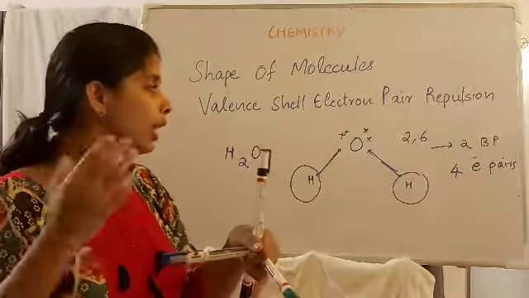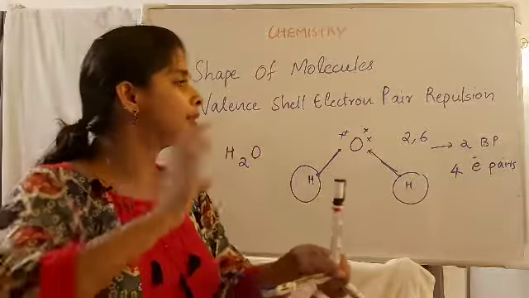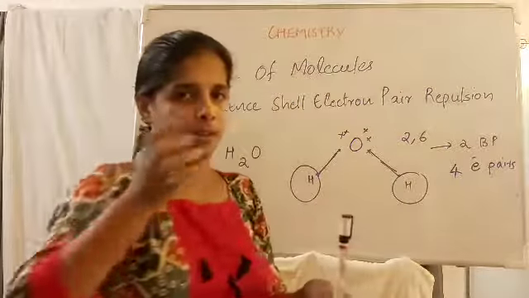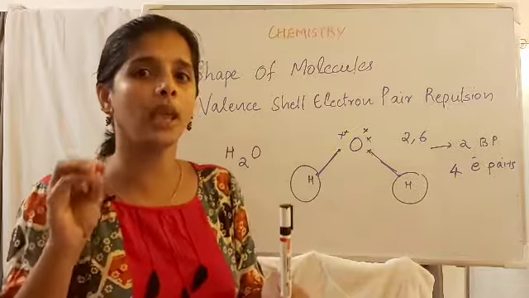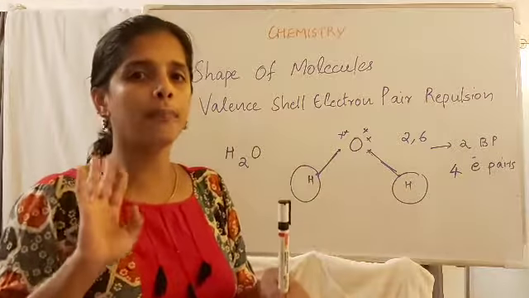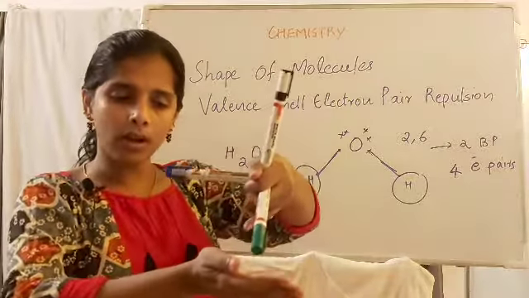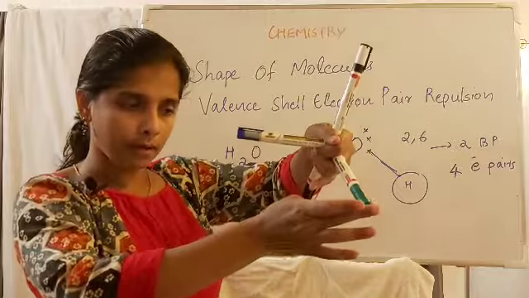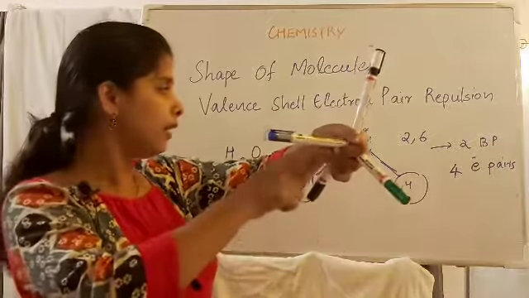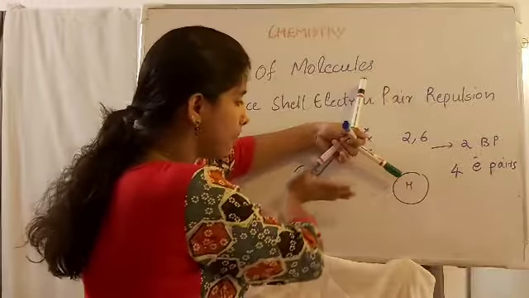While talking about the shape of the water molecule, we can only consider the bond pairs of electrons present there. So what will be the shape of these 2 bond pairs present here?